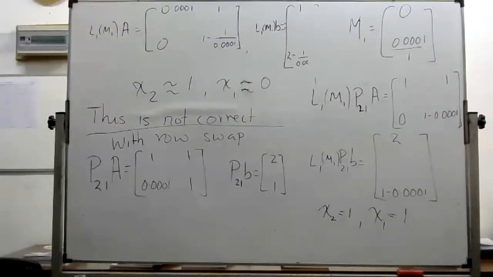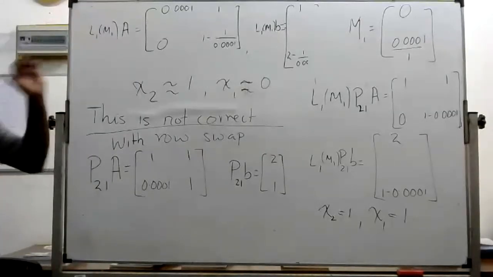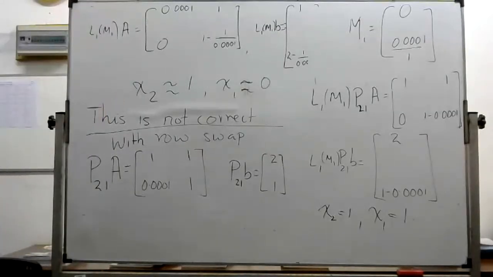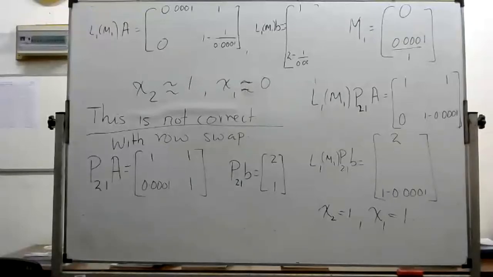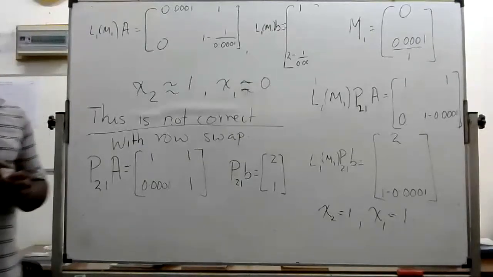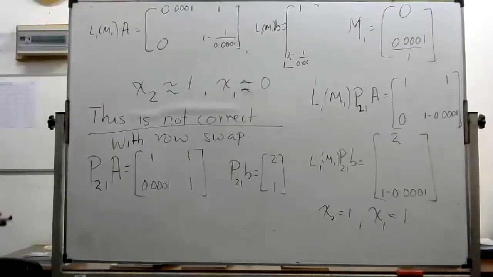So if the term on the diagonal is very small compared to the term below the diagonal on any step, then also it is advisable to do a row interchange to avoid getting into a wrong answer, right? So that is what we mentioned in the remark, and this is an example of how you can avoid going into the wrong answer by doing a row interchange.